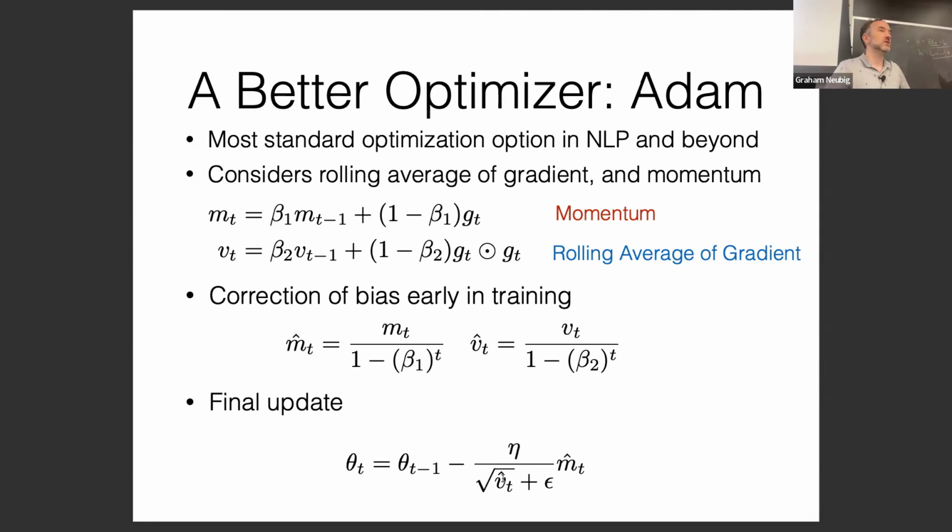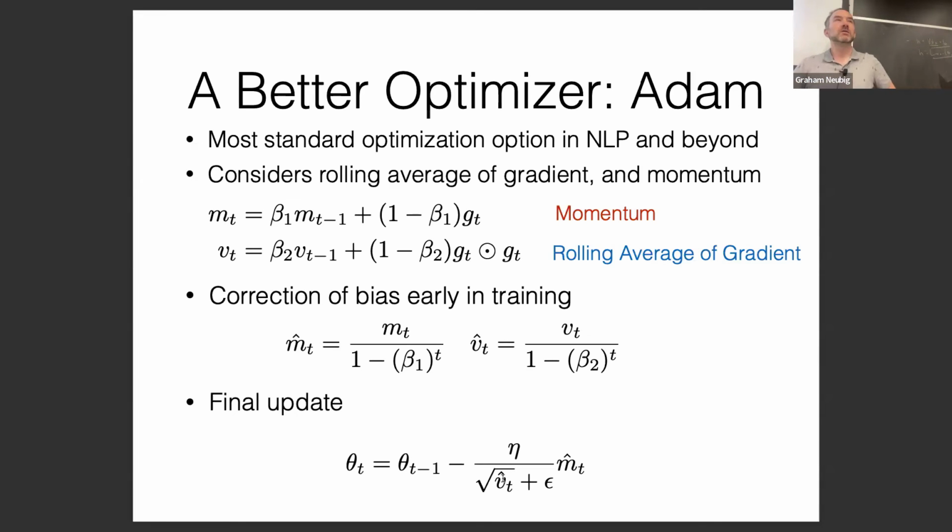What this does is, things that don't get big gradient updates, when they get a gradient update, the gradient update has a bigger effect, essentially. So if the gradients are very small, you still move it more.